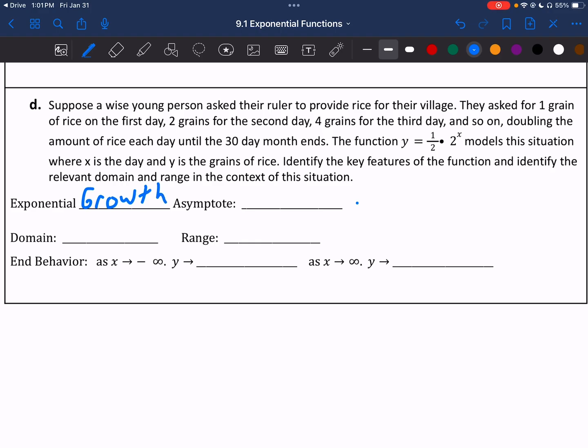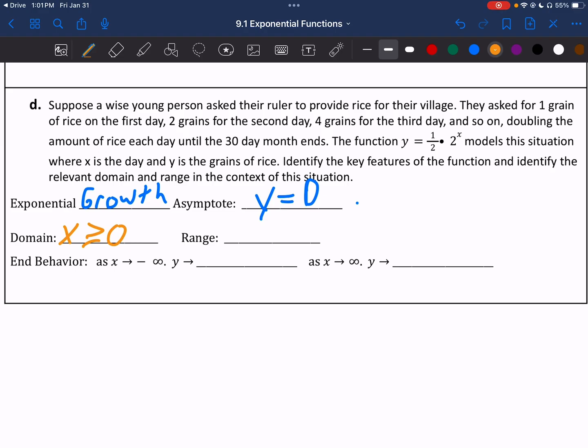Our asymptote remains at y equals 0, right? Our domain, well, we can't be negative in terms of days, so the domain has to be greater than or equal to 0. What is my range? What are my outputs of this function?